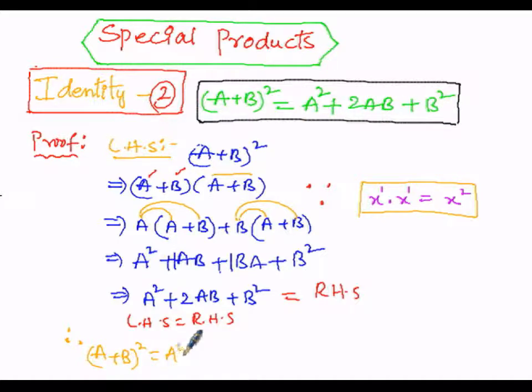In this manner we have proved the second identity, that is (a plus b) whole square equals a square plus 2ab plus b square. This is what we have proved algebraically. Now we are going to prove it geometrically.